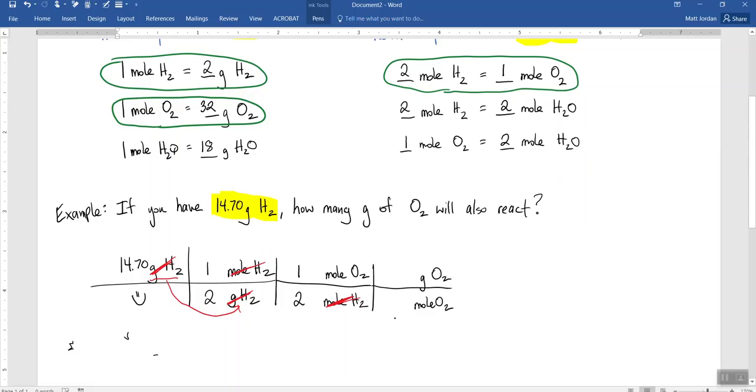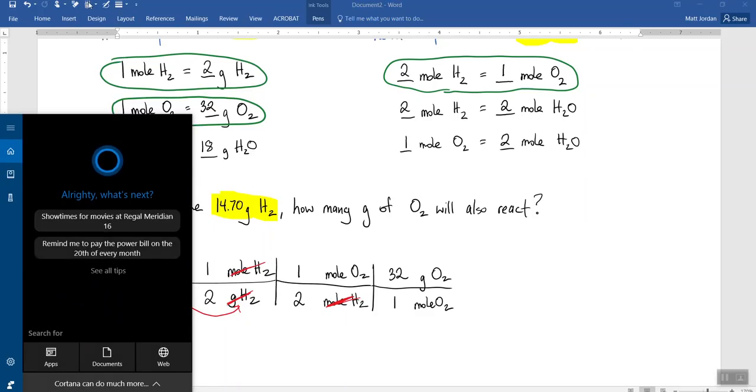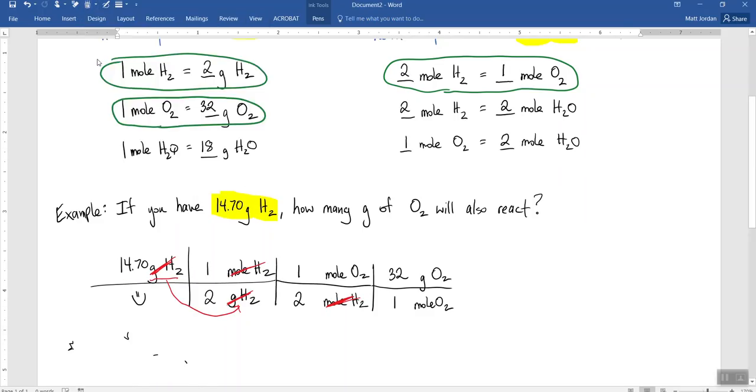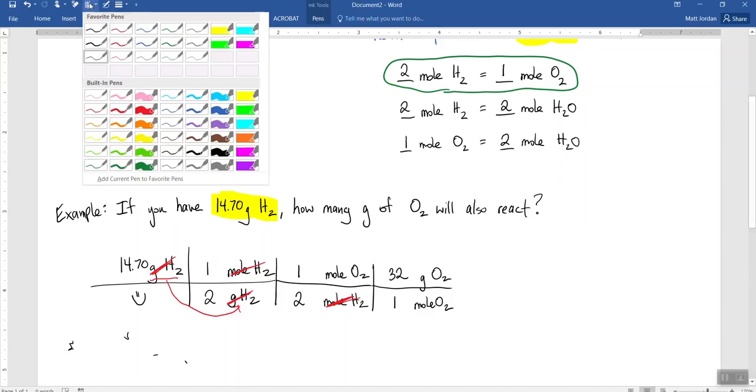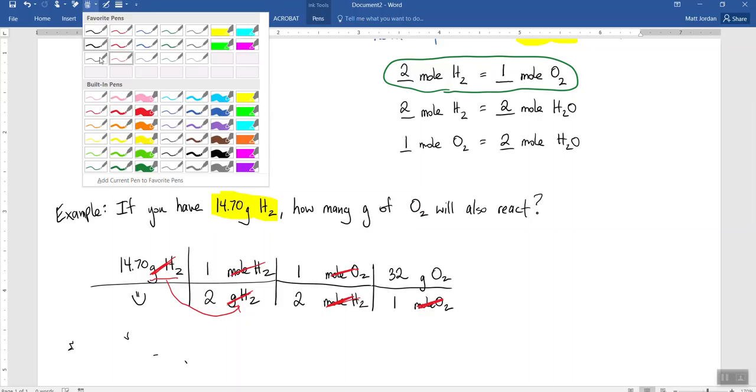We put the numerical values for this equality in: 1 mole of O2 is equal to 32 grams of O2. Cancel your units. Moles of O2 will cancel, and the unit left is just grams of O2, which is exactly what we're looking for as our answer.